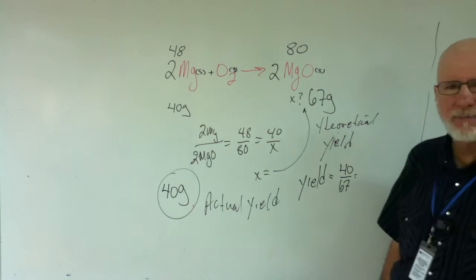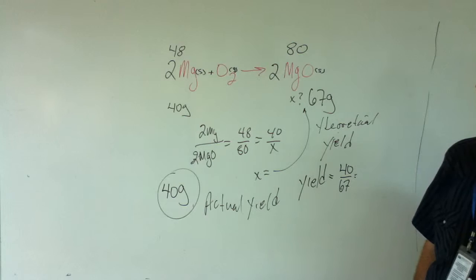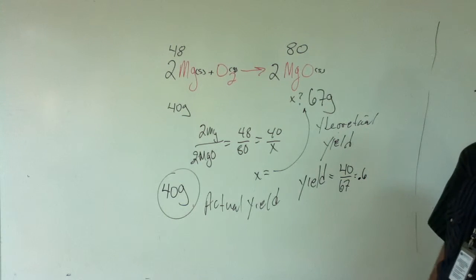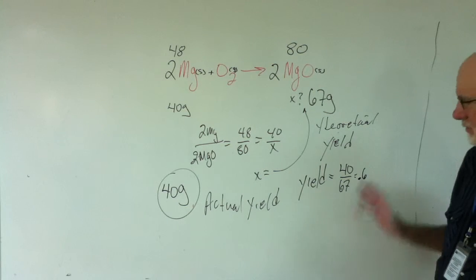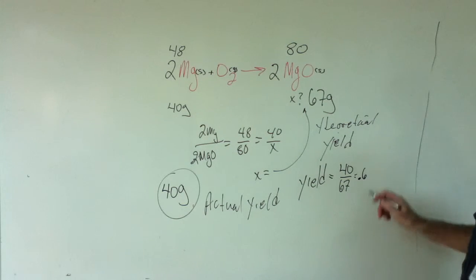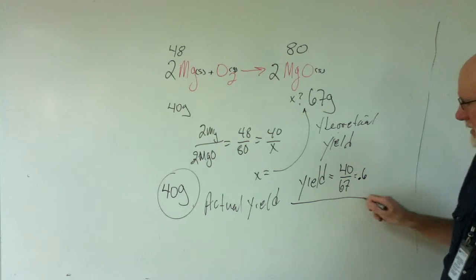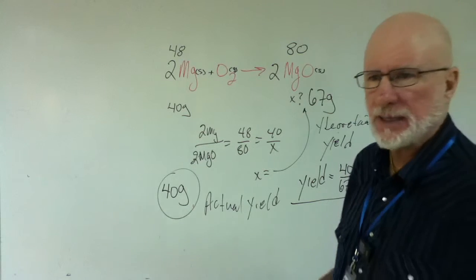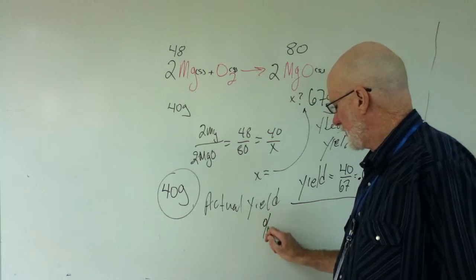What's 40 divided by 67? Actually it's 0.597. 0.6 is fine. Okay? So the yield is 0.6, but oftentimes you say percent yield.